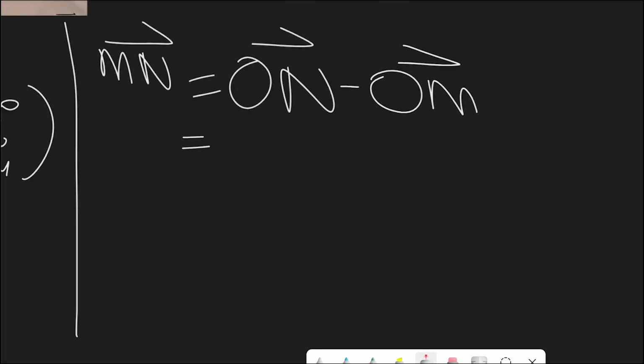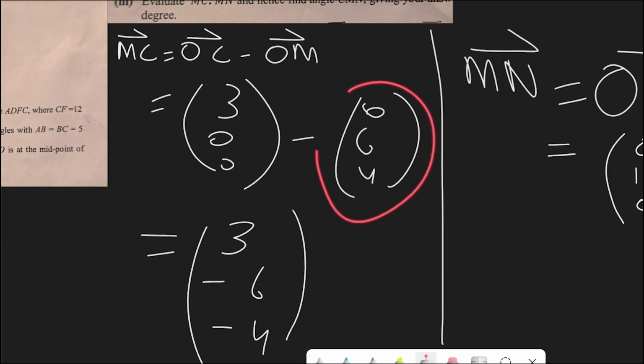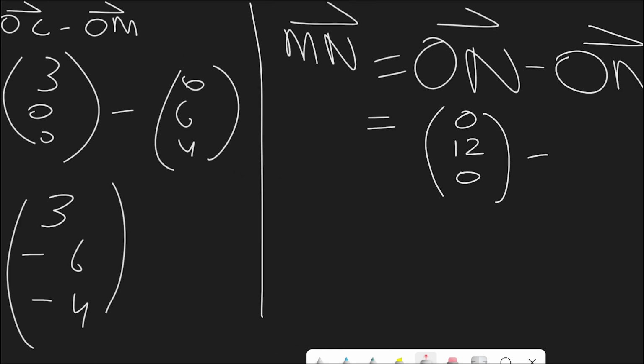I am just breaking the vector down into its components and then solving it. So it is 12 units in the j direction, so this would be 0 in the i, 12 in the j, and 0 in the k, minus OM. OM is basically this vector that we just calculated: (0, 6, 4).